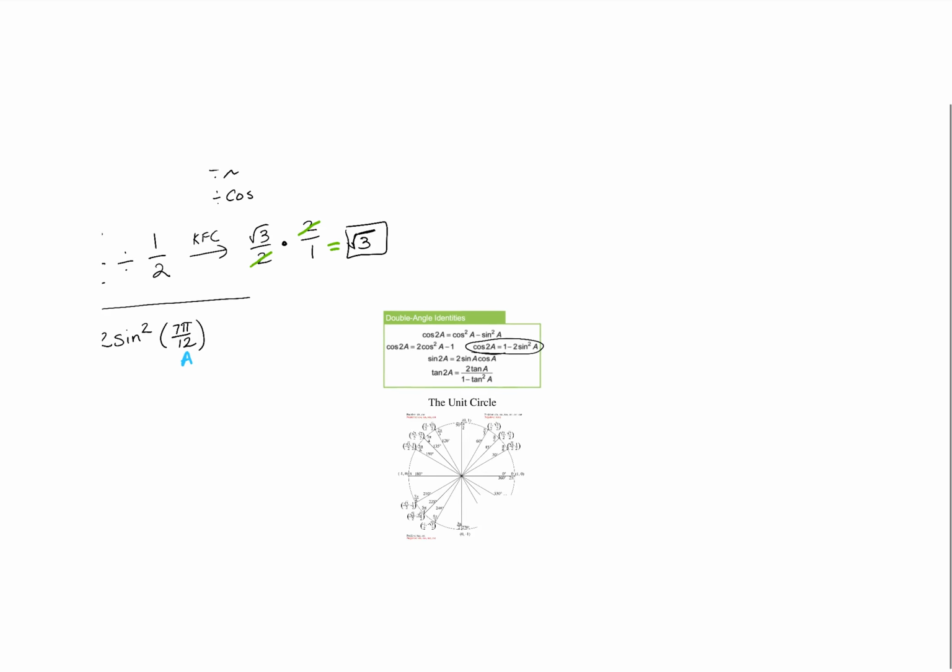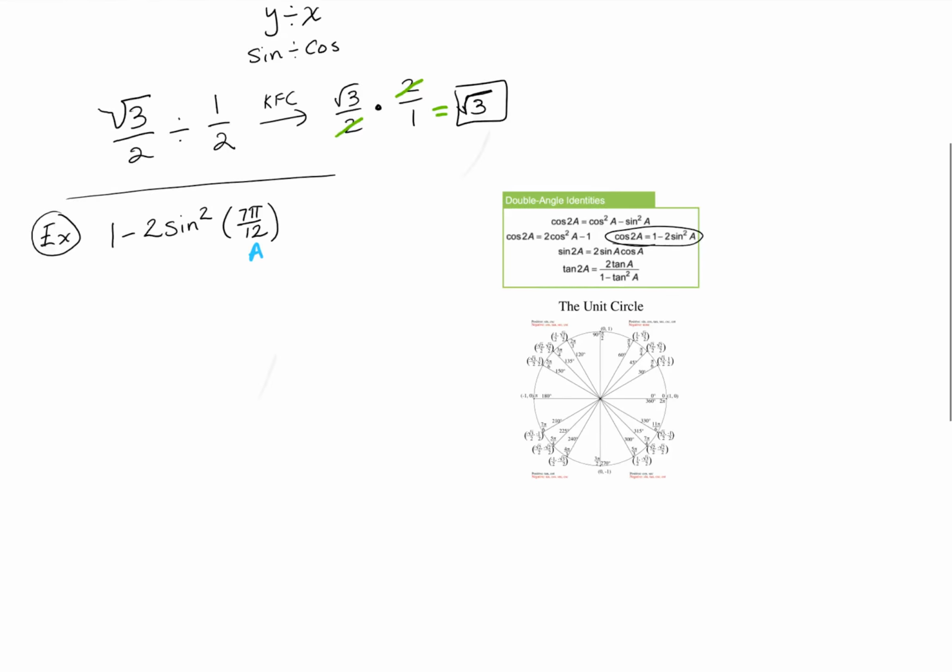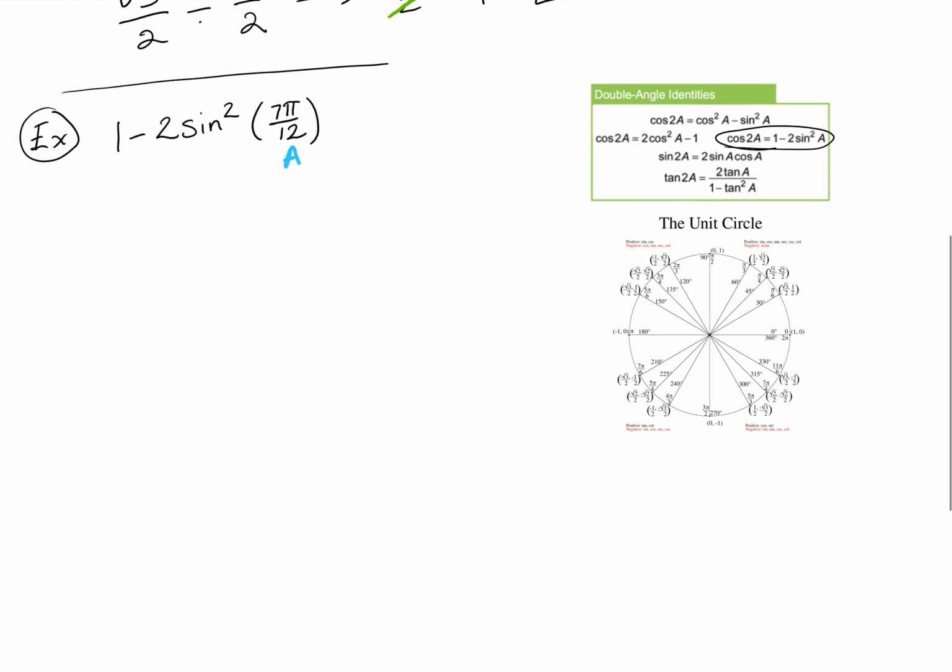So this will be equivalent then to the cosine of 2 times 7 pi over 12. Okay, so what does that look like to me? Well, 2 times 7, that's 14 pi out of 12, and then that reduces to 7 pi out of 6. So then I'm just looking for the cosine of 7 pi over 6.